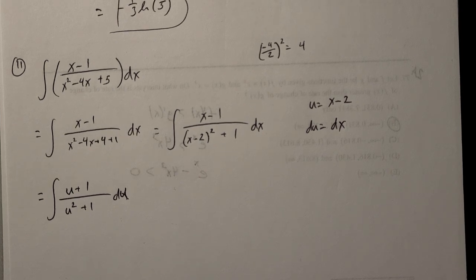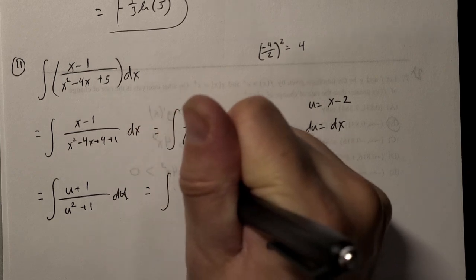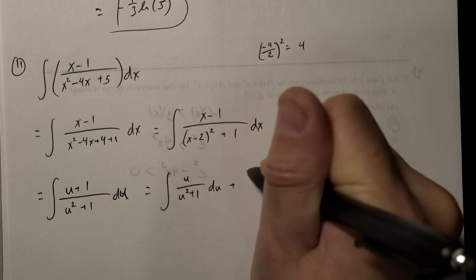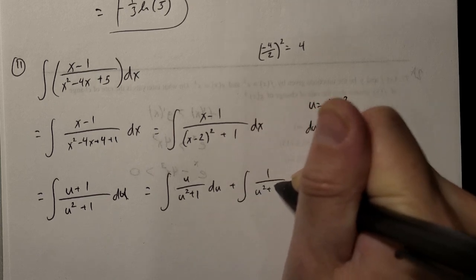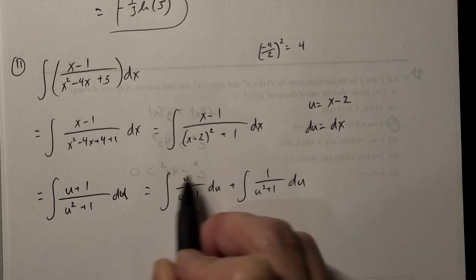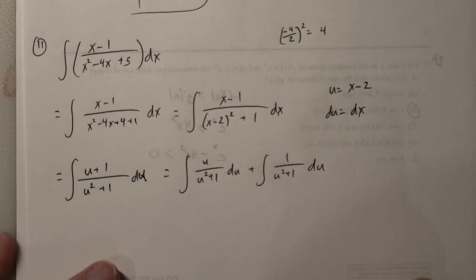Okay, is this better? It actually is, because now we can separate this into two integrals and evaluate them one by one. This you should recognize, arctangent. This is just substitution. It will become a log.